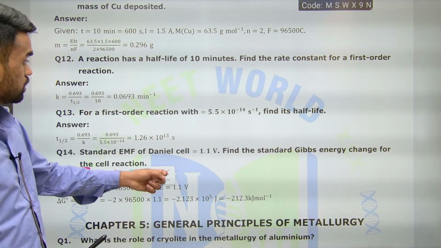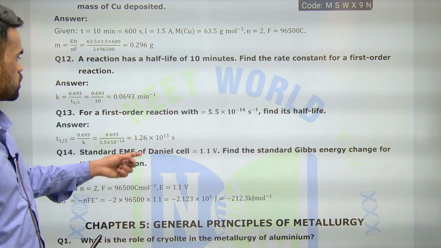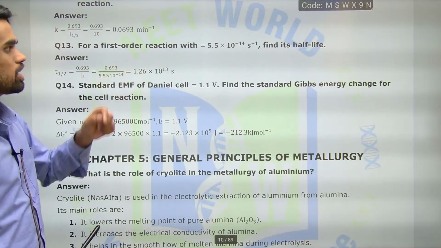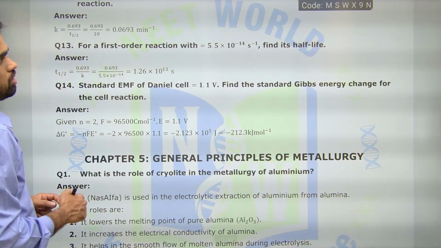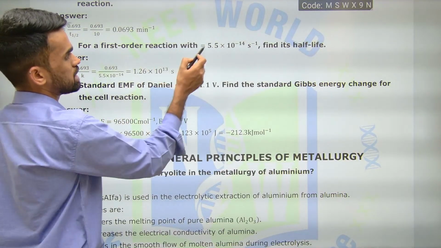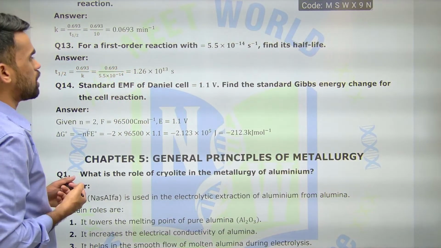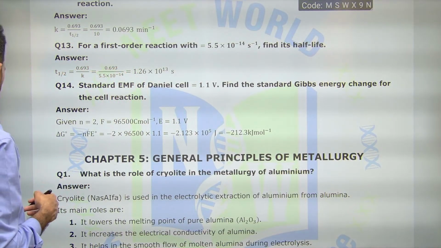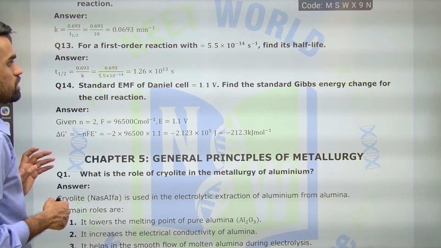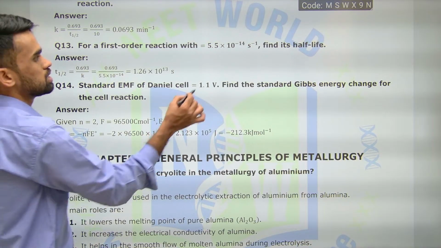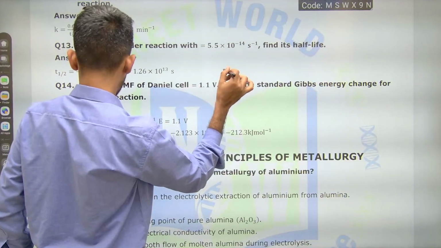The next, two more questions are there from the chapter. For a first order reaction, the rate constant is given as 5.5 into 10 power minus 14. Find its half-life. Yes, it's very easy. The way we did in the previous question, we follow the same steps. They are asking half-life.